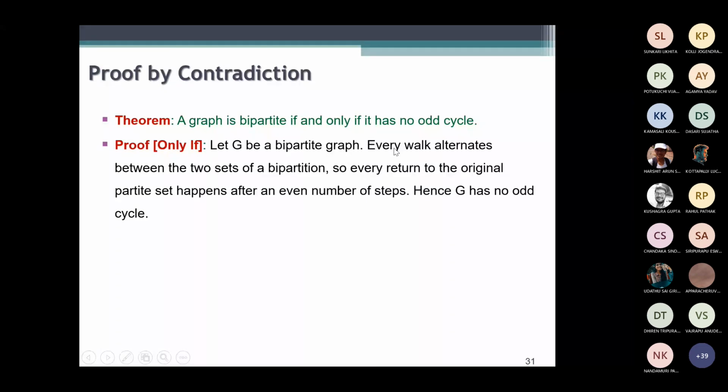So every walk alternates between the two sets of bipartition. So every return to the original partite set happens after an even number of steps. Hence G cannot have an odd cycle. So basically what it says is this.